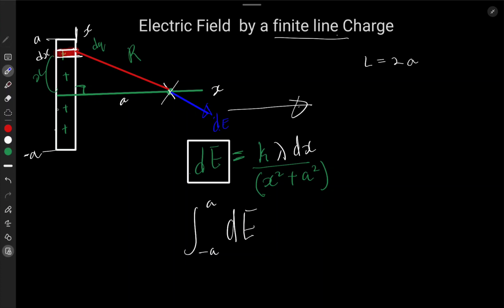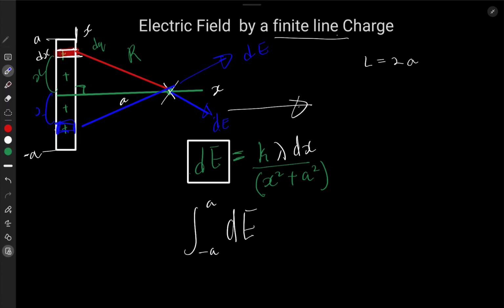Also, let me say I'm trying to put my attention to another point at the same position as this one, but at the bottom, which is also causing an electric field to here. That was supposed to be more accurate. Okay, something like that. And then that will also be causing dE.